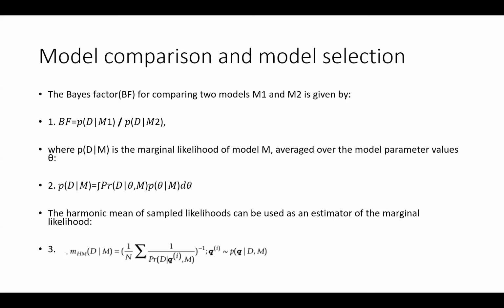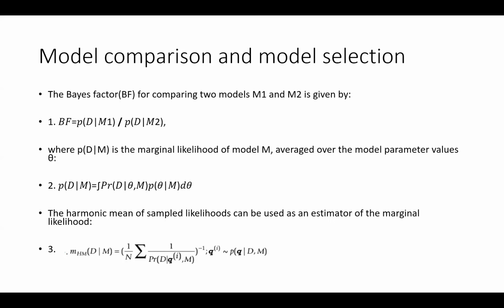Calculating the Bayes factor typically involves reversible jump Markov chain Monte Carlo, which is not yet implemented in BEAST. However, there are alternative methods for approximating the marginal likelihood, such as importance sampling with the posterior as the importance distribution. The harmonic mean of sampled likelihoods can be used as an estimator of the marginal likelihood. You can see this equation at number 3.